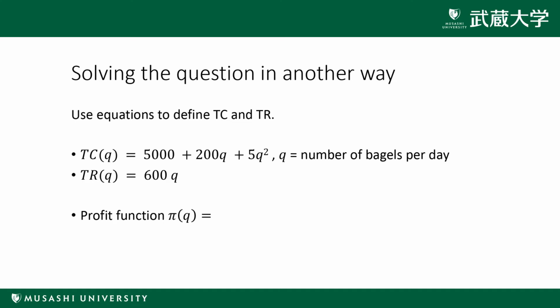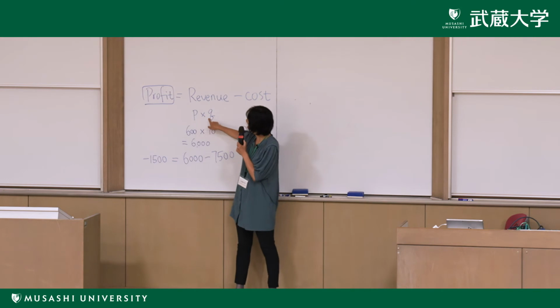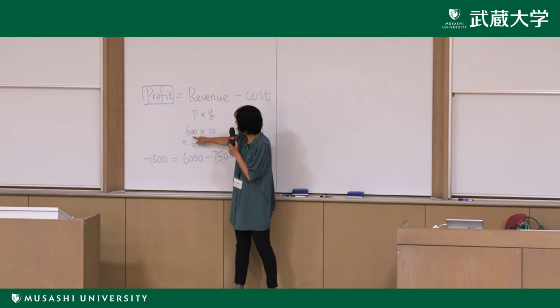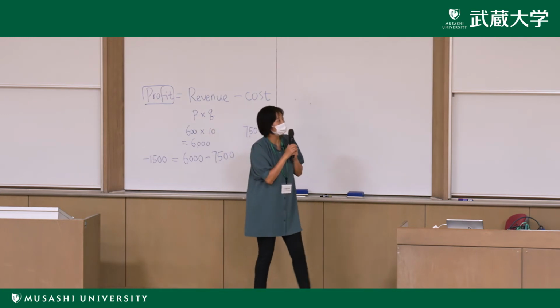Okay, so suppose we can use this function to capture the total cost, and also use another function to capture total revenue. In this case, total revenue, remember, is P times Q. Here, our P is 600, and Q is something we want to find, so we leave it as it is. Okay?